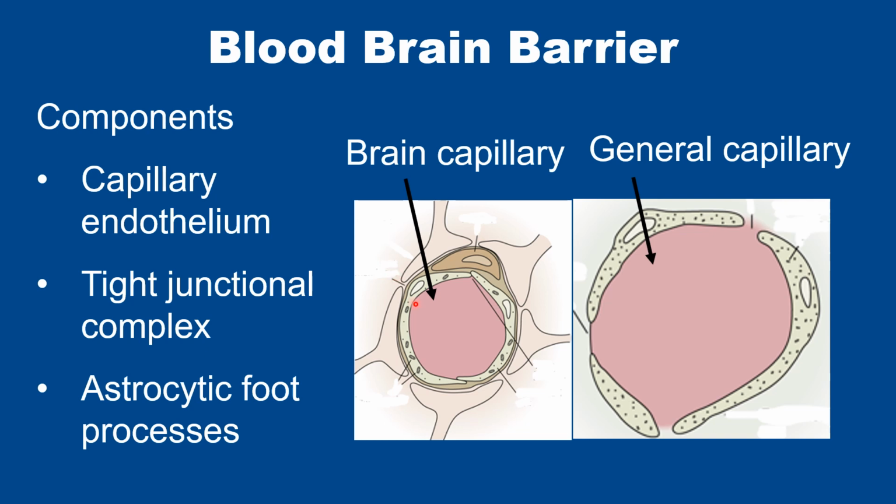The anatomical components of the blood-brain barrier are the endothelium of the capillary, the basement membrane, and the foot processes of the astrocytes covering the capillaries.